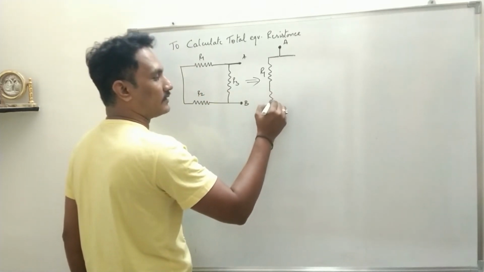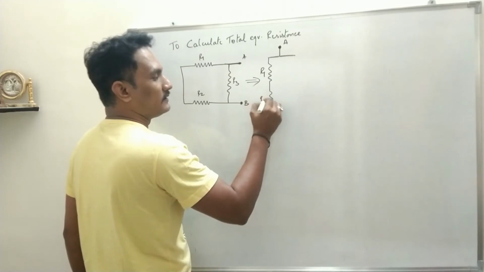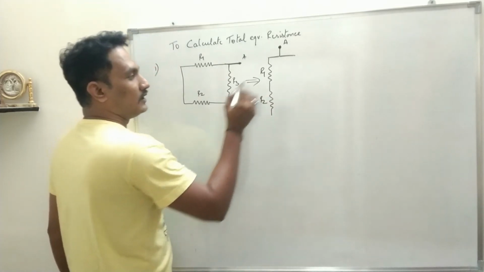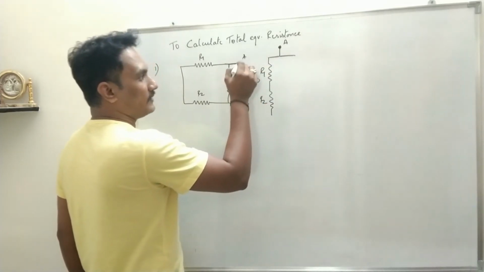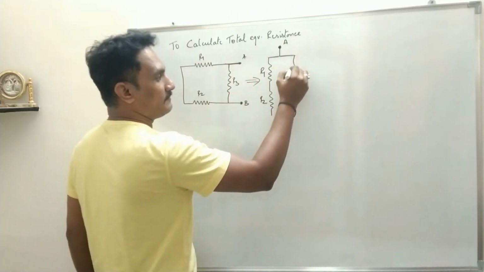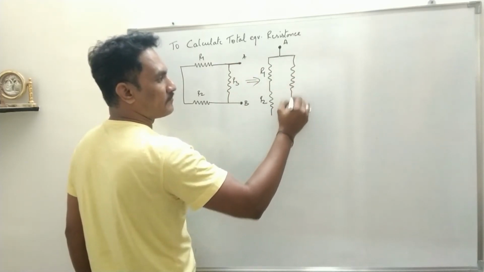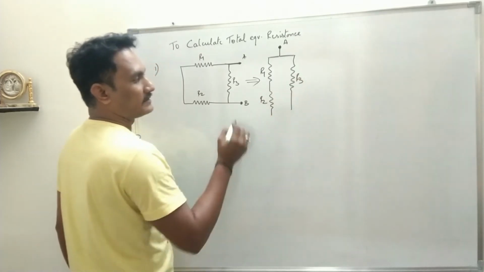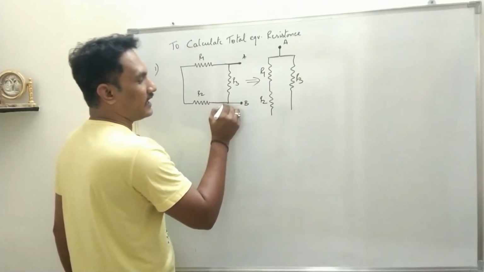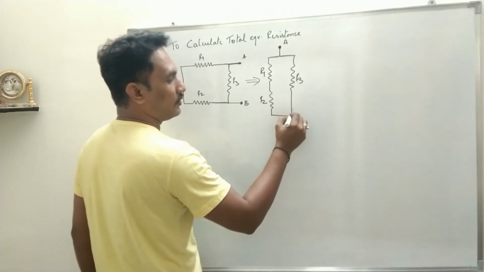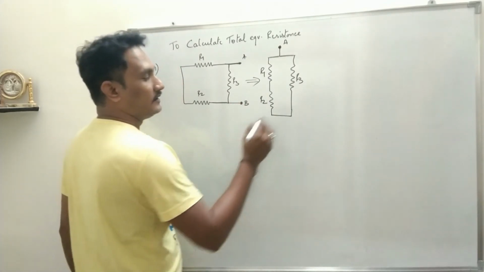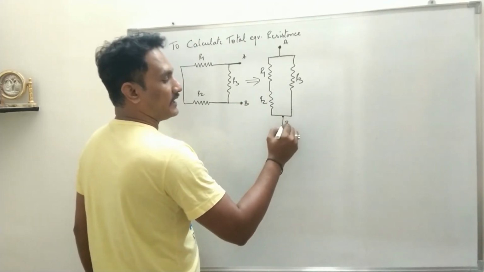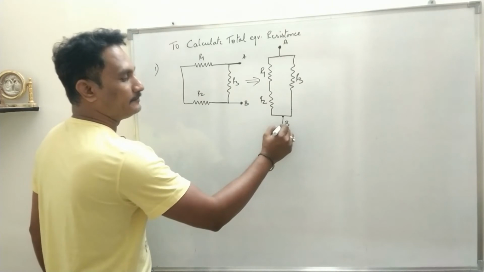So draw R2, and on the other arm from A is R3, and R3 and R2 are combining at one given point, and from there we have the terminal B.